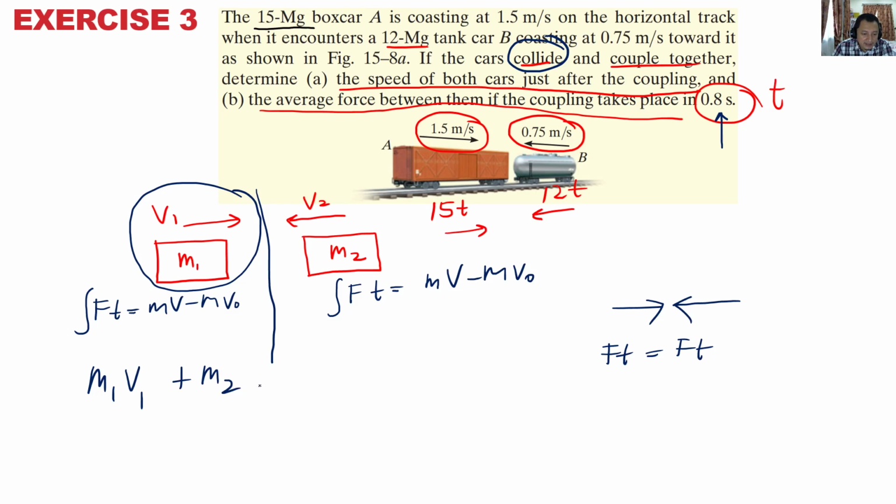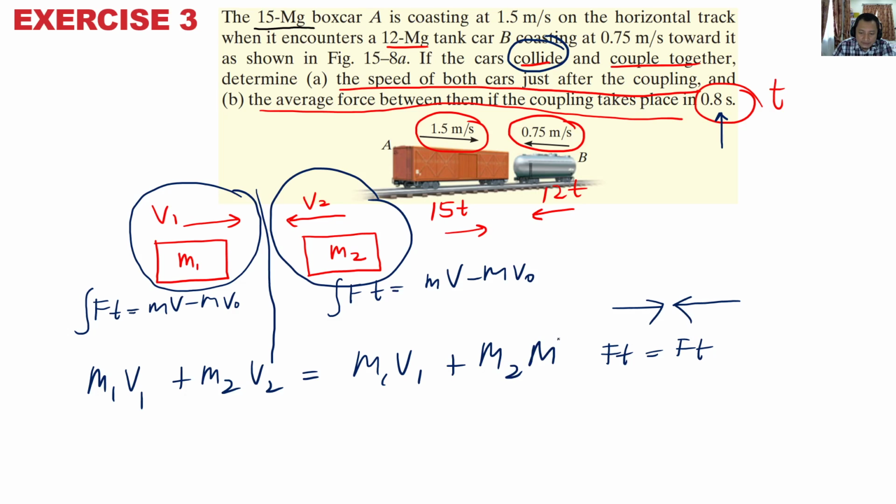And then you've got m2 v2, which is the momentum of block 2. And then collision: m1 v1 plus m2 v2. How do I write this down?